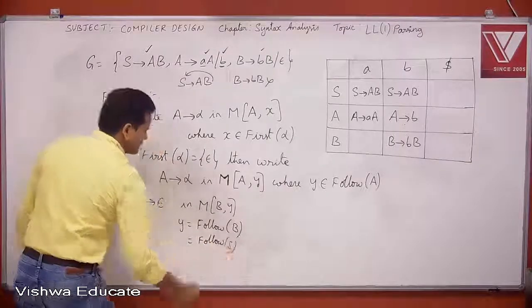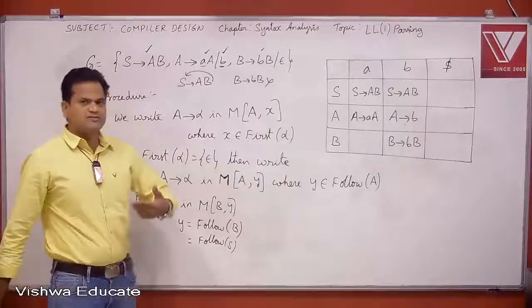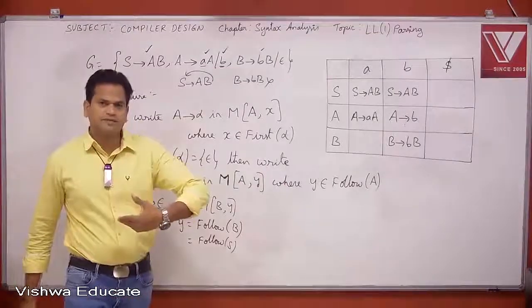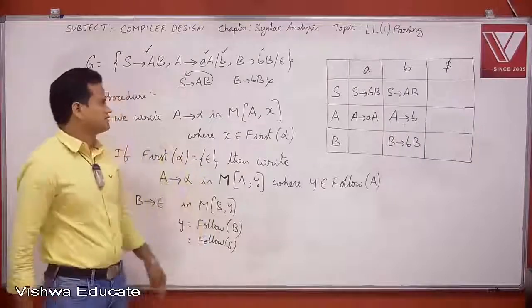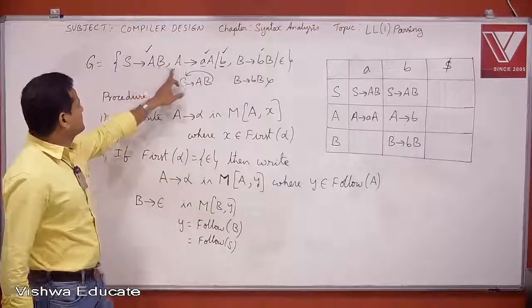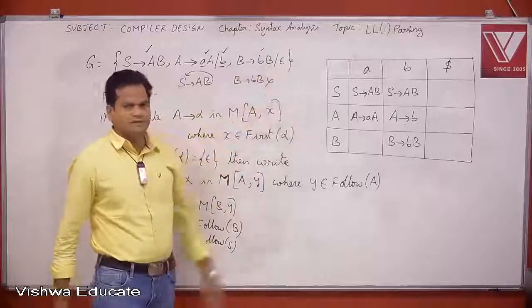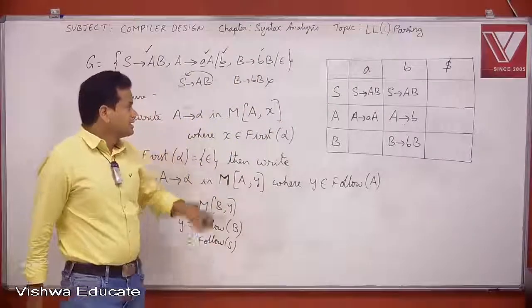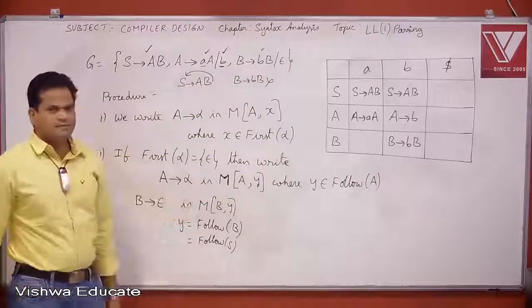And to find the follow of S, you must find the production wherever S is on the right side of the arrow. S on the right side of the arrow, nowhere available. But S is the start symbol.